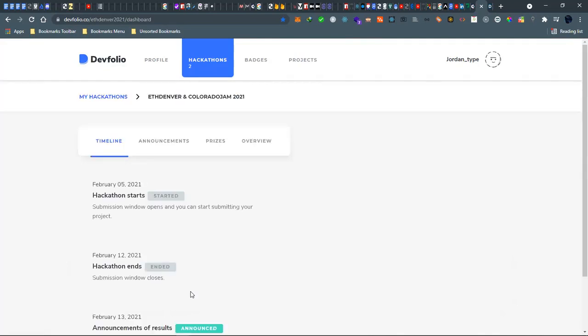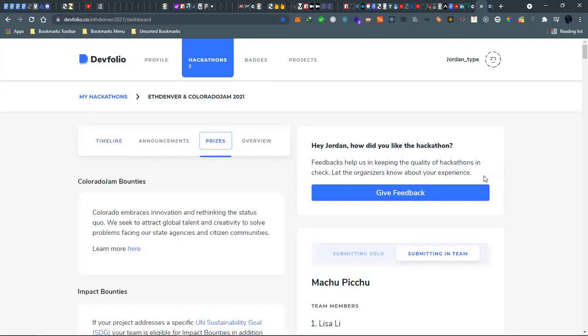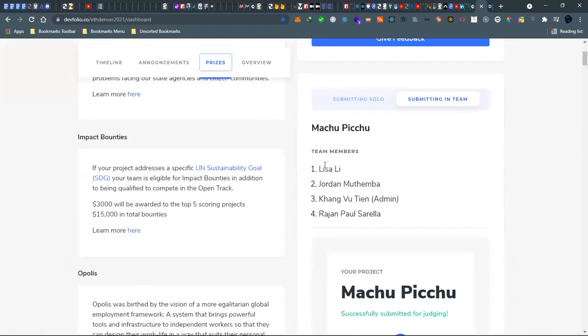And here we were able to win different prizes, and these are some of the guys within the team. We were able to win $3,000, and then we subdivided the bounty among ourselves.